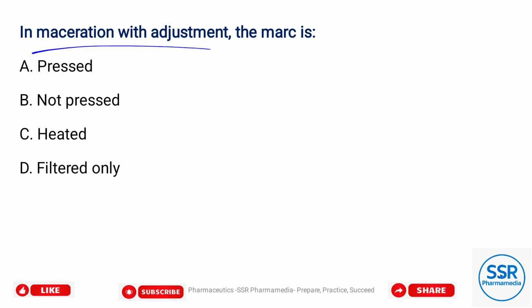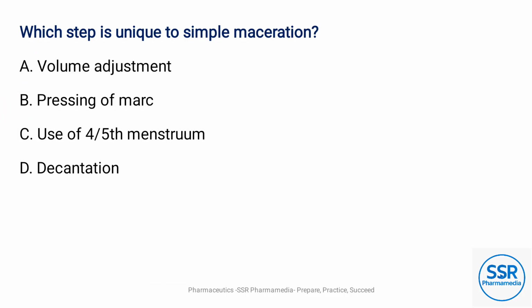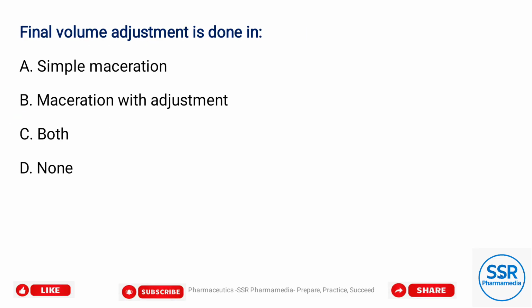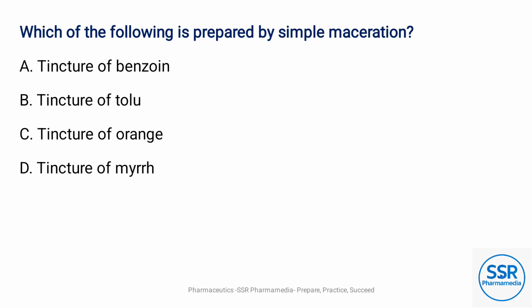In maceration with adjustment, the marc is, option B, not pressed. Which step is unique to simple maceration? Option B, pressing of marc. Final volume adjustment is done in option B, maceration with adjustment.